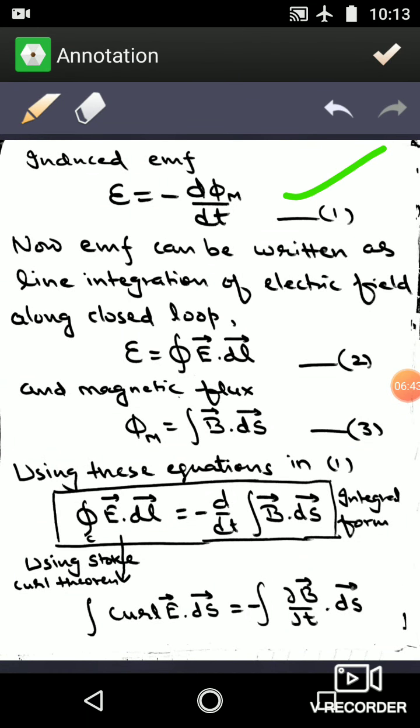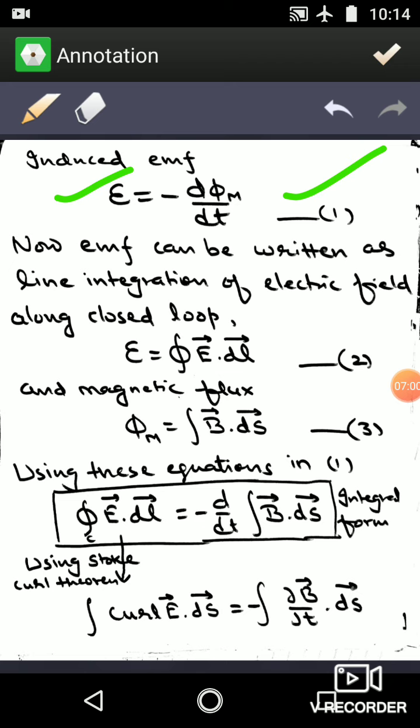That is, E can be written as minus d phi by dt. The minus sign was given by Lenz. We are not going to consider Lenz law here, as Faraday's law itself contains Lenz law.